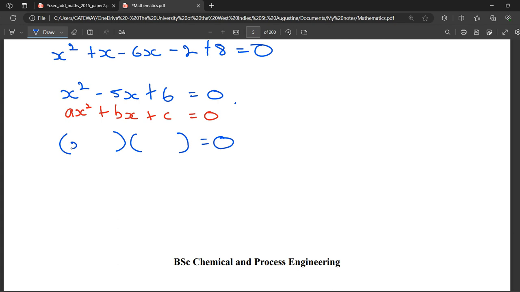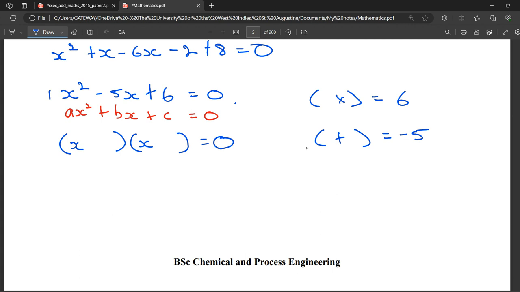We put x here. We put x here. We look for two numbers when multiplied will give us, since the coefficient of x squared is 1, it's 1 by 6, which is just 6. Two numbers when multiplied will give us positive 6, and when added should give us negative 5, which is really b, which is our middle term.